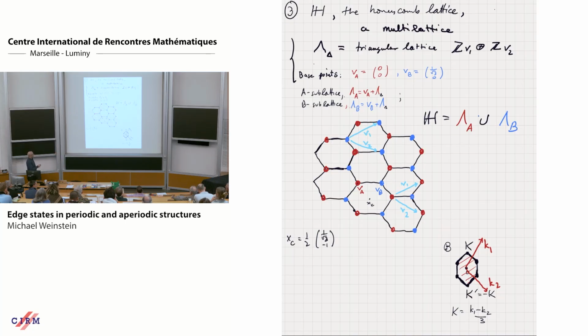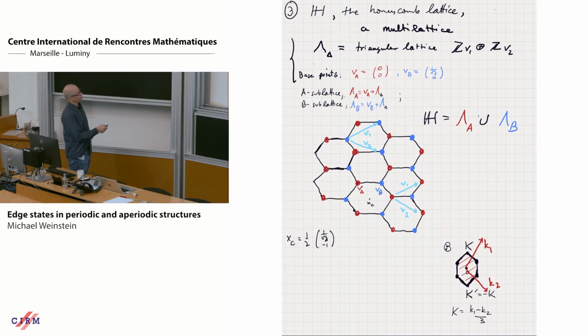If you connect the edges, you have regular hexagons. Here again is V1 and V2. These are basis vectors at an A site, so they generate the A sublattice, and V1, V2 located at a B site, generating the B sublattice. Again, the Brillouin zone, because the underlying periodicity is with respect to the triangular lattice, is the regular hexagon with points K, K prime, etc.